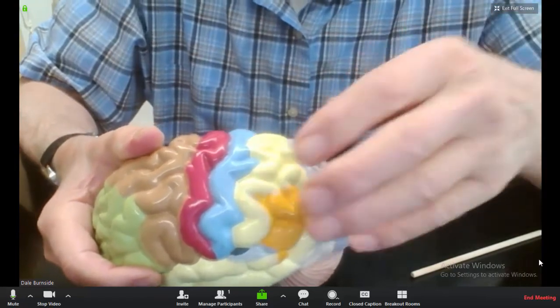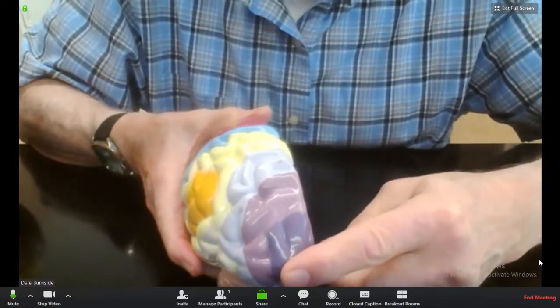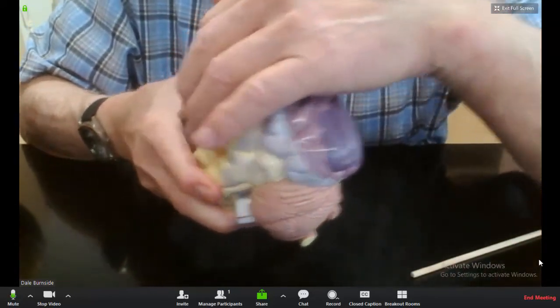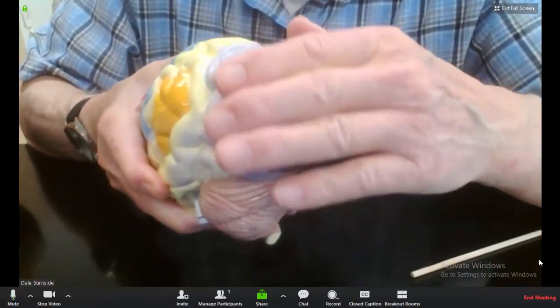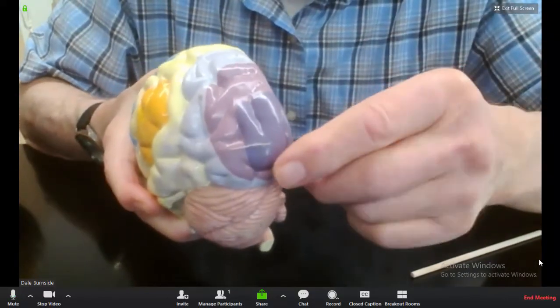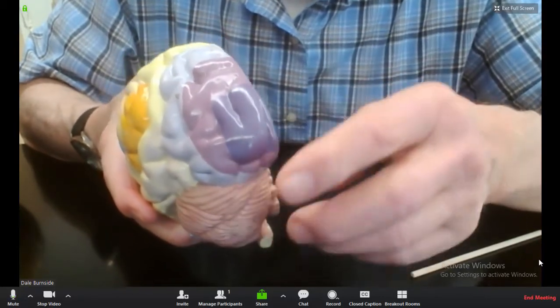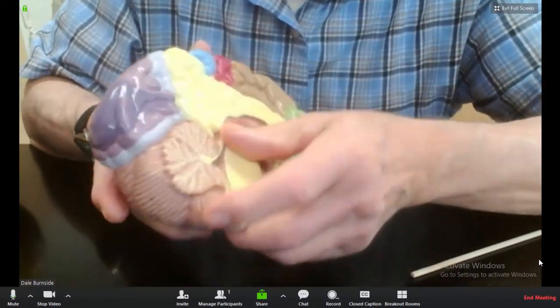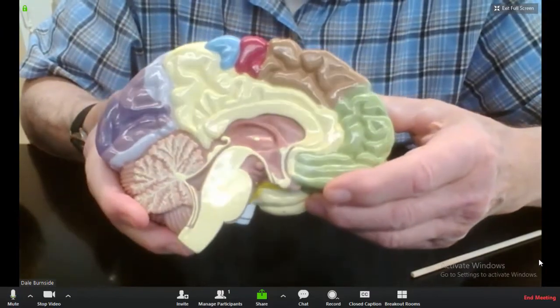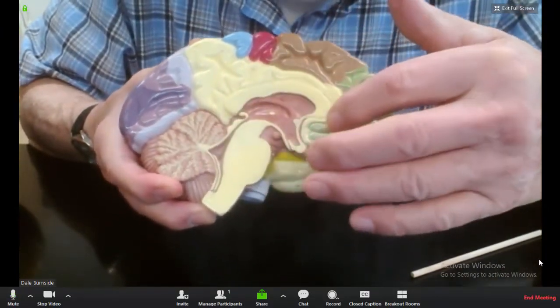That's called the post-central cortex. And then coming back down here, you have the occipital lobe in the back. Parietal lobe, then occipital lobe. And the very back is the visual cortex, where the impulses for vision come in. And then if you look at the sagittal section, you'll see the corpus callosum, and then what?